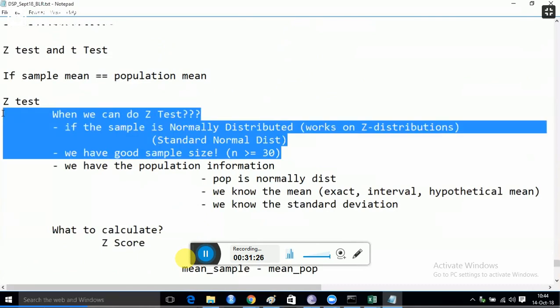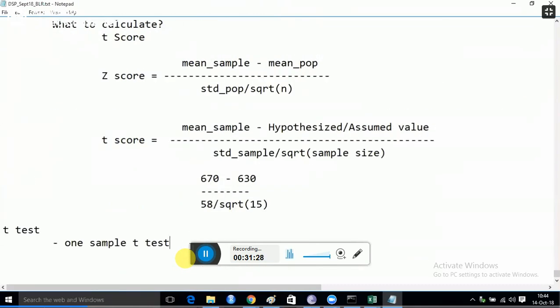But until then, everything is a t-test, right? So what do we do in a one sample t-test? We have a sample and a value that is assumed to be the population mean. Is that clear? That's your one sample t-test.